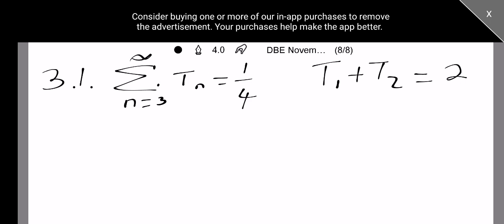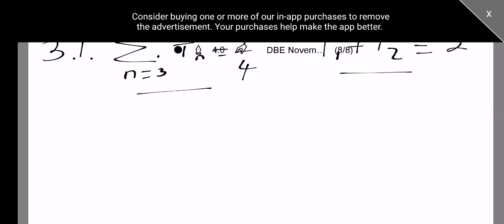Equal to 2. Now, which means that if we add this and this, they're going to give us the sum to infinity of the whole sequence.